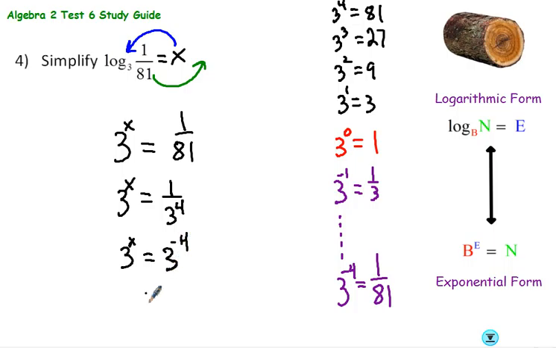And so x equals negative 4. You wouldn't have to go through each one of those steps that I showed. If you got here, it'd be good to recognize, oh, it's 1 over 81, so that means it'd be 3 to the negative 4. All right, so go ahead and pause and try number 4 in the middle.